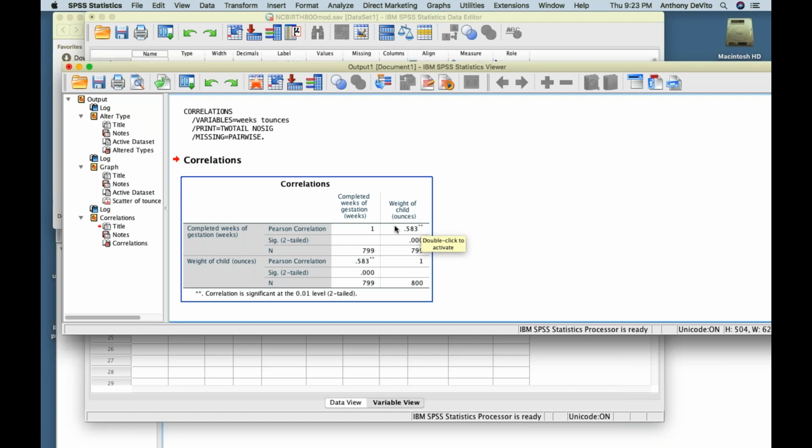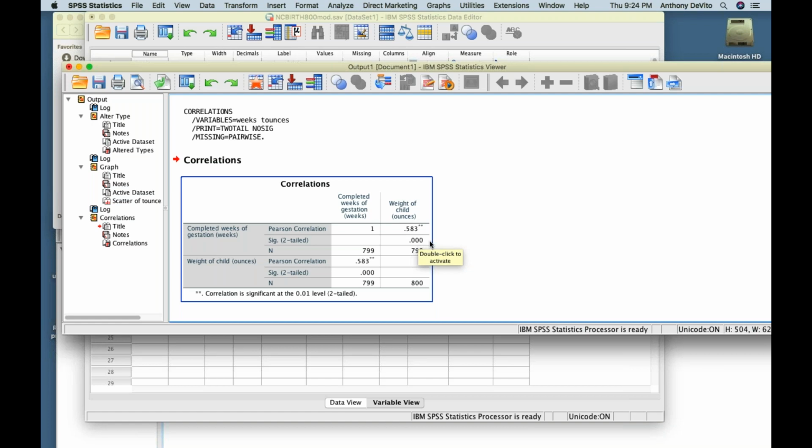Now, it seems like a fairly strong association, which we would kind of expect, right? That's certainly not surprising to us. But there's a lot of variability there. Can I be sure that this is not due to chance? How sure can I be that this is not due to chance? Well, here I have my significance, my probability that I would be wrong if I reject my null hypothesis, which is less than 0.05. So I'm at least 95% certain.